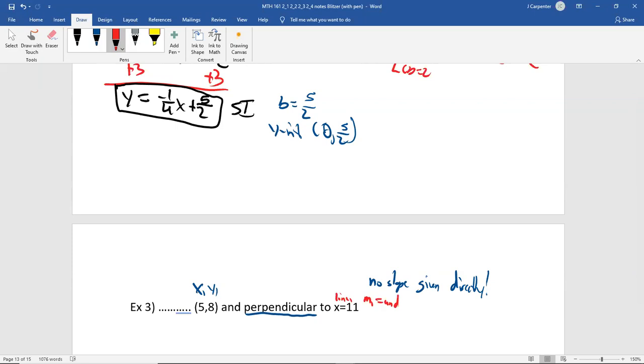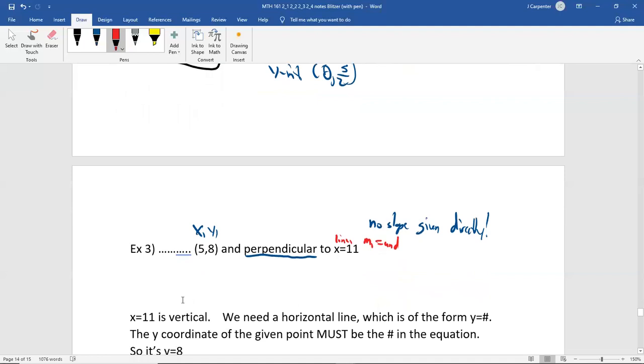But a lot of people get confused with that, so I like to think of it a little more geometrically. So that's what this says. X equals 11 is vertical. Because we need to make a perpendicular line, we're going to need to form a horizontal line. So again, because our original line is vertical, and we need a perpendicular line, here's a vertical line.